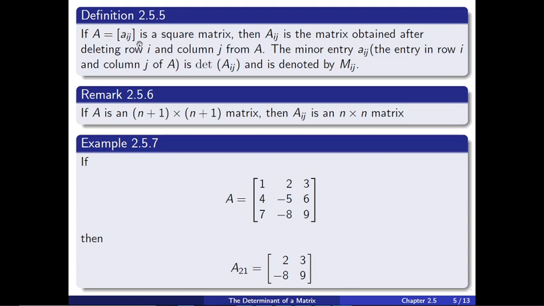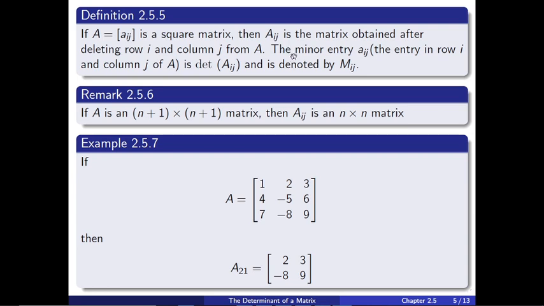It says if Aij is a square matrix, then the matrix that we call capital Aij, without any brackets to differentiate it, is the matrix obtained after deleting row i and column j from A. So whatever is here, you delete the ith row and then the jth column.